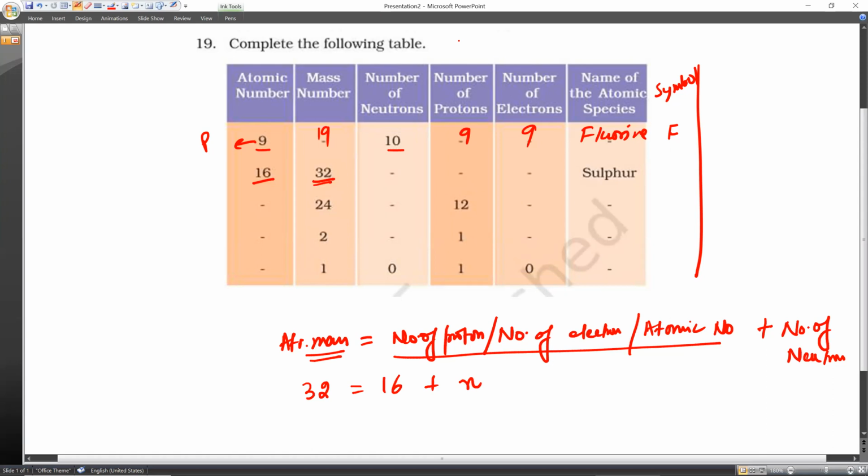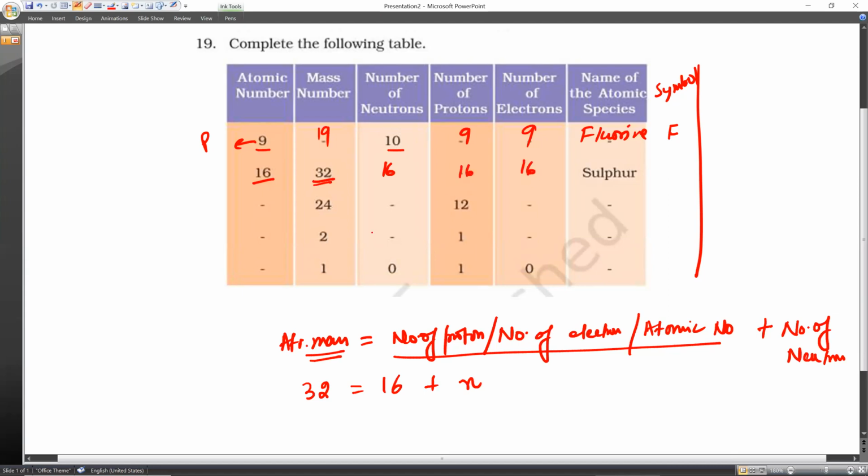Sir, number of neutrons will be 16. Yes. Then here number of protons will be 16. Number of electrons will be 16.